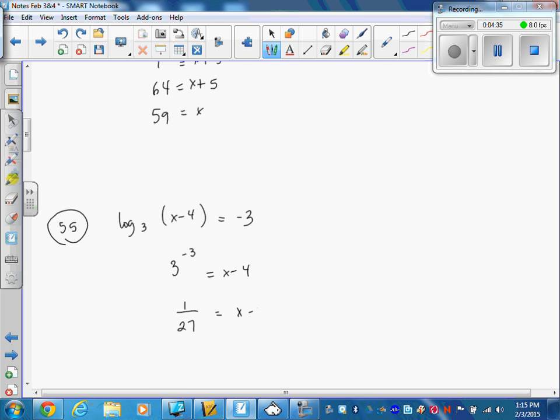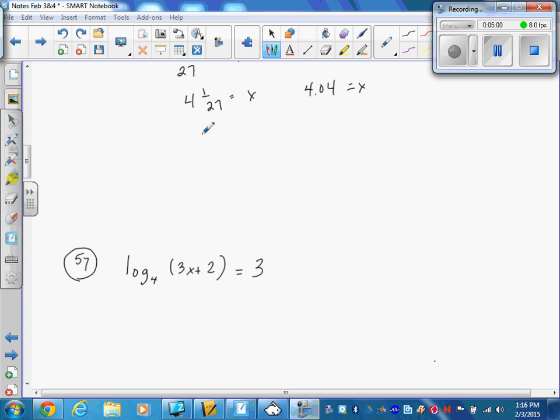So I didn't need to pick up a calculator to do that, but I will need to pick up a calculator now to add 4 to that. I could just leave it as 4 and 1/27, but since the directions told us to round it to a decimal, it's 4.04 for x. Let's keep going.